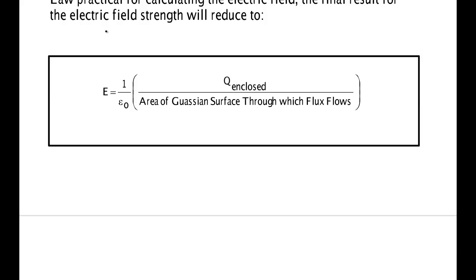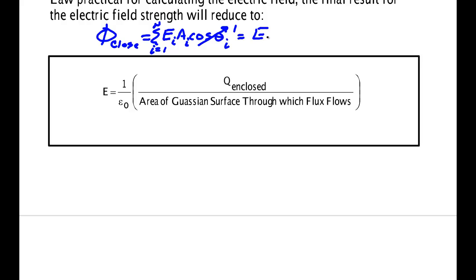Remember, Gauss's law says that our closed flux was EA cosine of theta, as we did it over all of the surface. If these all happen to be at 0 degrees, then this cosine becomes 1. If this electric field is constant, it can be pulled outside.